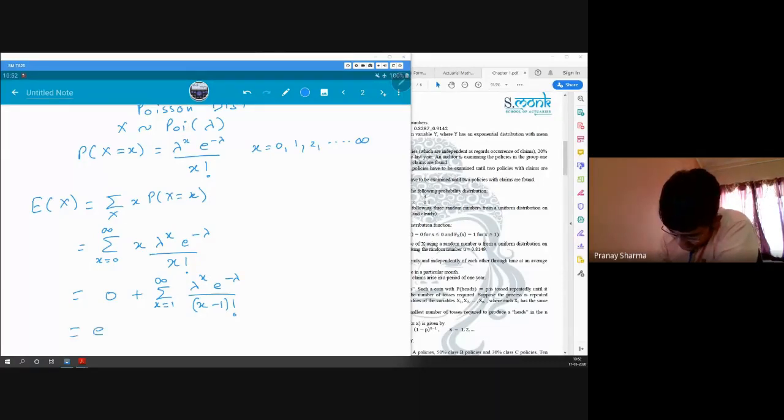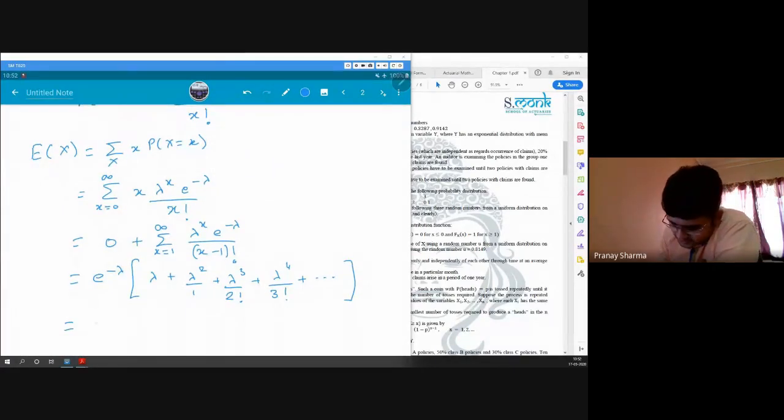I will take e raised to minus lambda outside. When I substitute 1, I get lambda, then lambda square by 1, lambda cube by 2 factorial, lambda raised to 4 by 3 factorial, and so on till infinity.